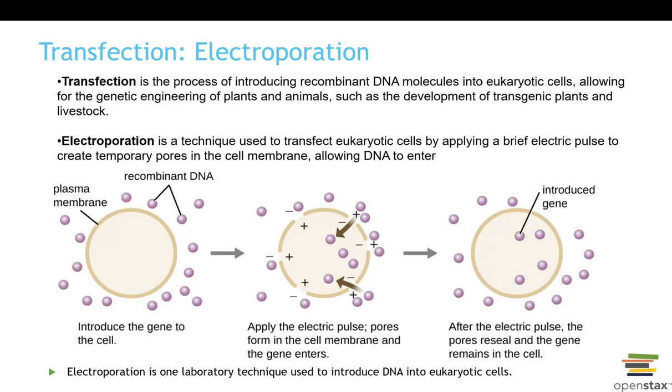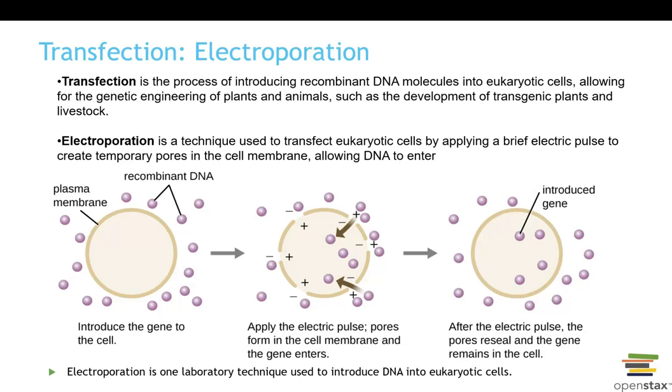It's much harder to introduce recombinant DNA into eukaryotic cells compared with prokaryotic cells, because if you remember, we talked about transformation, where we can easily use some chemicals or electricity to increase the capability of the cell membrane in bacteria to accept the recombinant DNA, but in eukaryotic cells it's much harder to get the recombinant DNA into the cytoplasm.